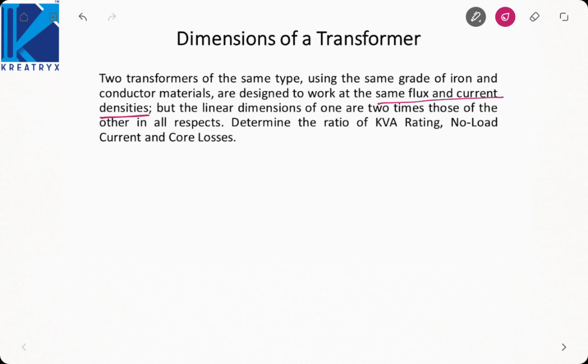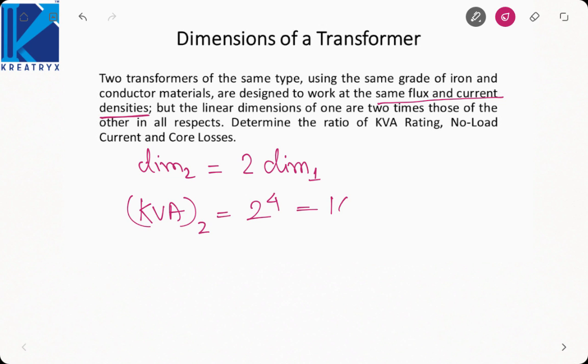So we know that the dimension of the second one is equal to 2 times the dimension of the first one, which means kVA of the second one is proportional to x to the power 4, that is 16 times kVA of the first one.